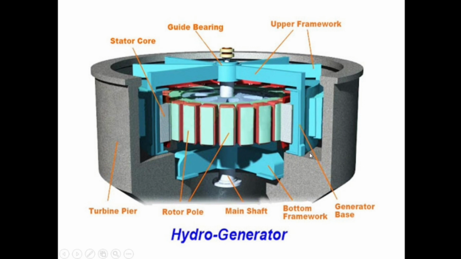Because here this is the rotor and this is the stator. This is a hydro generator. This is the main shaft. Turbine is connected. This is the bottom frame. This is the generator base. This is the upper frame.